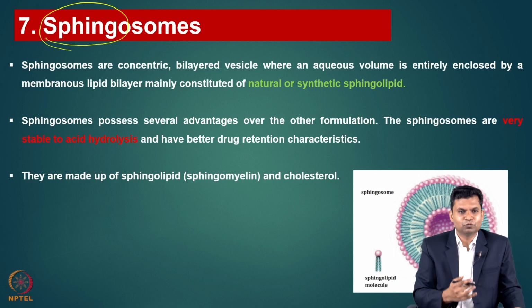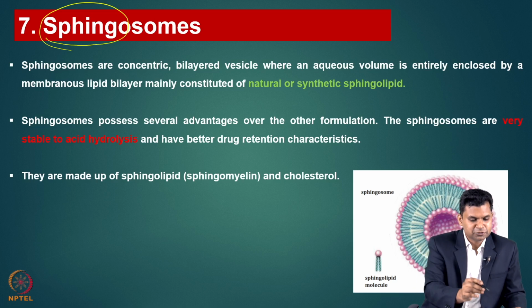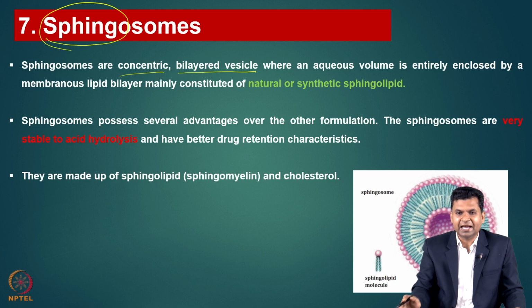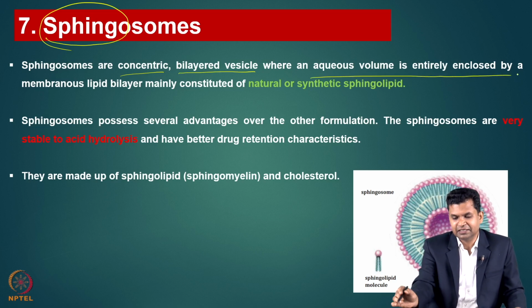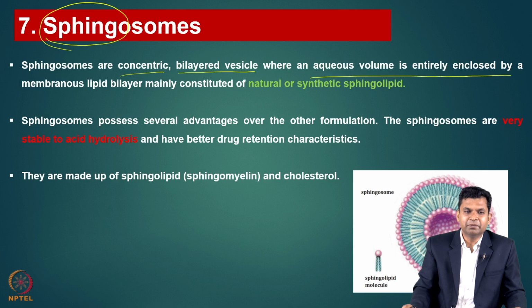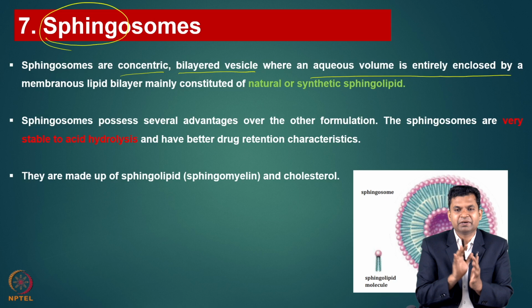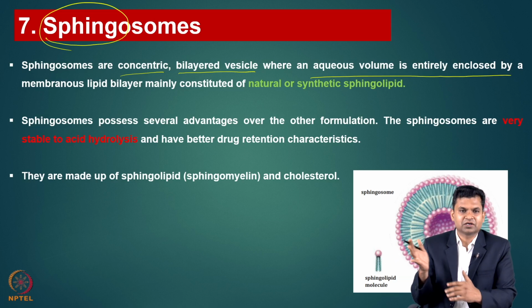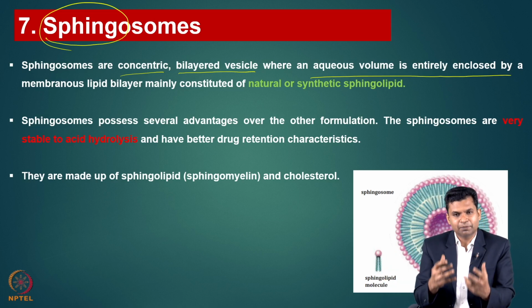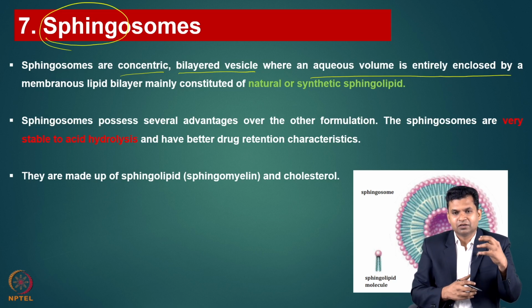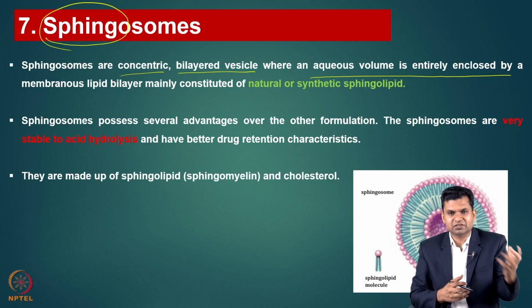Now, here we will see the definition of sphingosomes. Sphingosomes are concentric bilayer vesicles where an aqueous volume is entirely enclosed by a membranous lipid bilayer mainly consisting of natural and synthetic sphingolipids. So, natural lipids are replaced by sphingolipids, which are called sphingosomes.